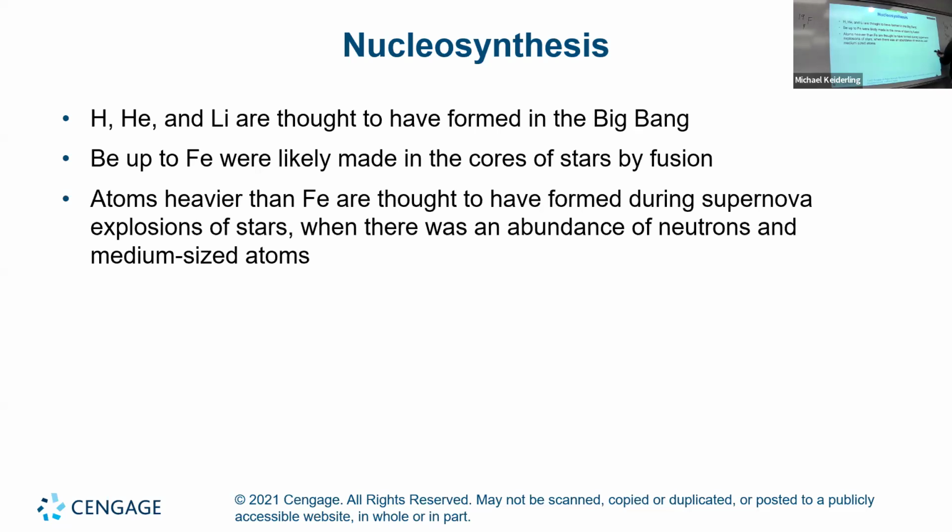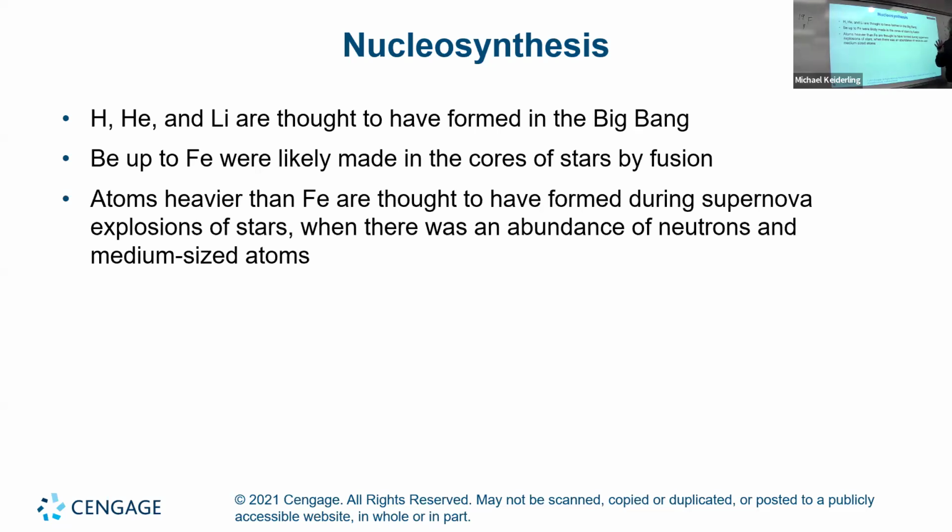However, most of the hydrogen that makes you up came from the Big Bang. A tiny amount of lithium was formed in the Big Bang. Most lithium was formed by other processes involving supernovas. Stuff from beryllium up to iron was likely made in the cores of stars by fusion. I think beryllium's kind of skipped, actually.